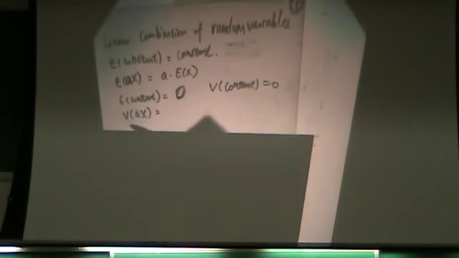So in other words, the variance of AX here, this is a little bit different, we didn't give an example before. This one is just A squared times V[X]. Just remember this one. I didn't give a concrete example to demonstrate this, but just remember this one.